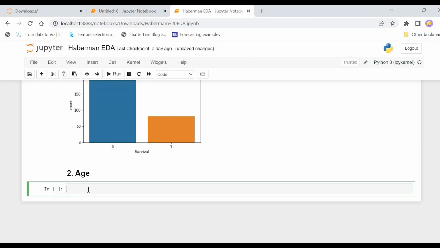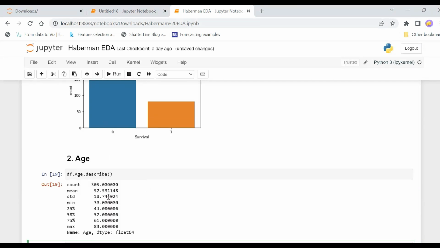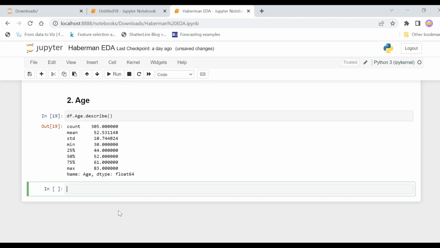We have already seen the minimum and maximum age, but still you can use the describe function to figure out once more that the minimum age is 30 and the maximum age is 83. This is one insight which we have already got from the data description.